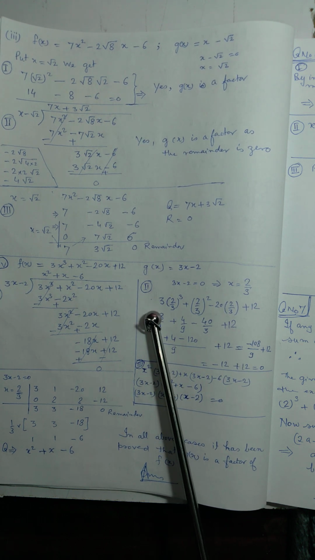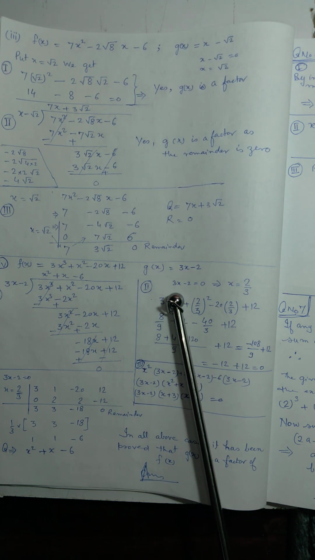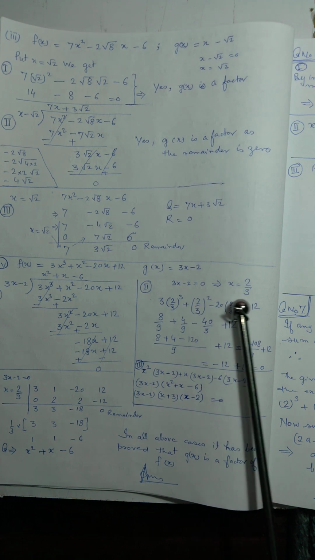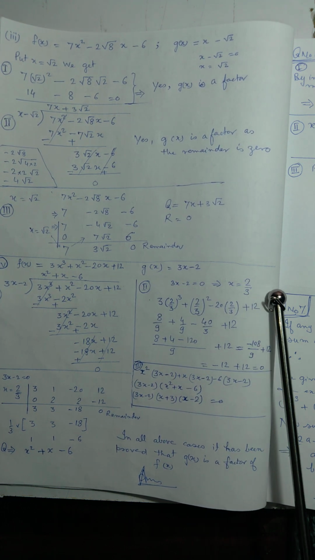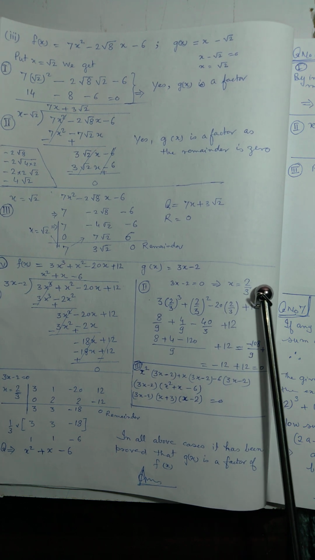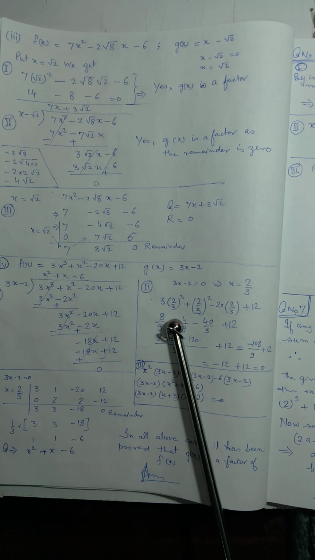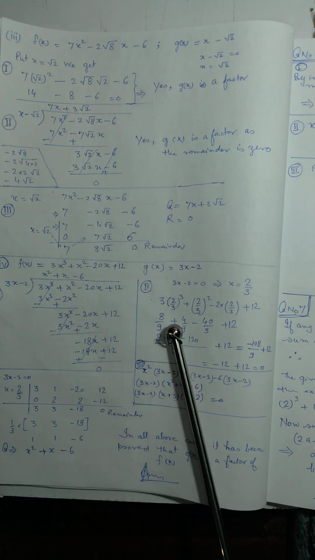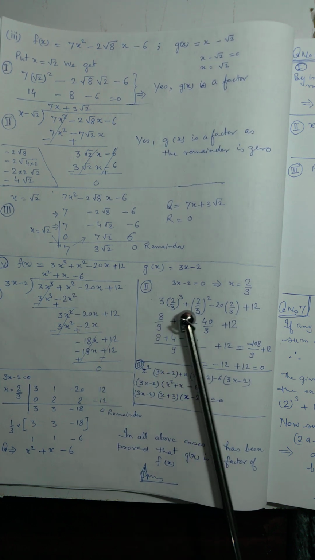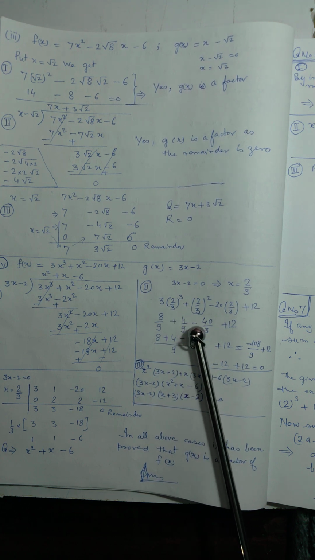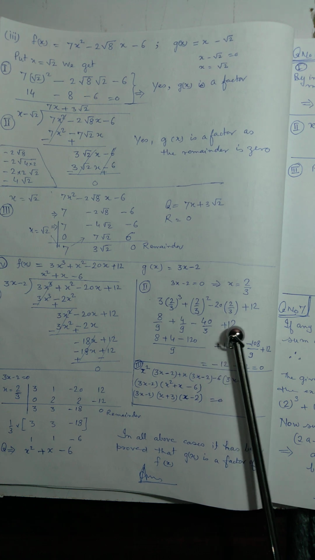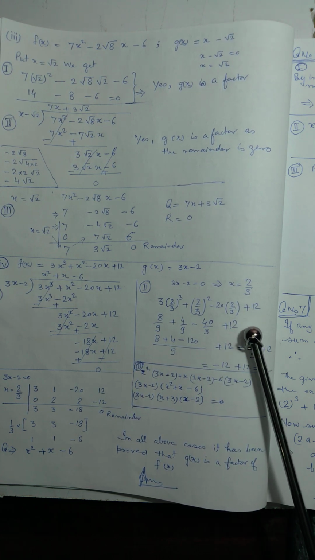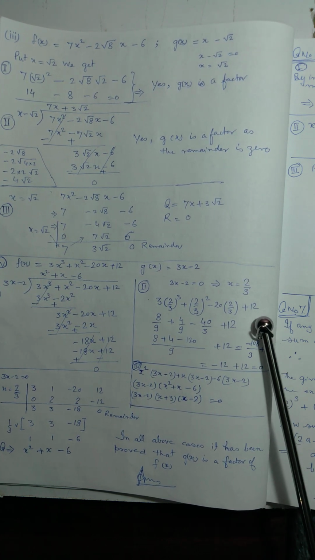Second method, what I have done, you see 3x minus 2 is equal to 0, therefore x will be equal to 2 by 3. Now substitute the value of x, that is x is equal to 2 by 3, in the given expression. You see here I have placed it, 3 into (2 by 3) whole raised to power 3 plus (2 by 3) whole raised to power 2 minus 20 in bracket 2 by 3 plus 12.